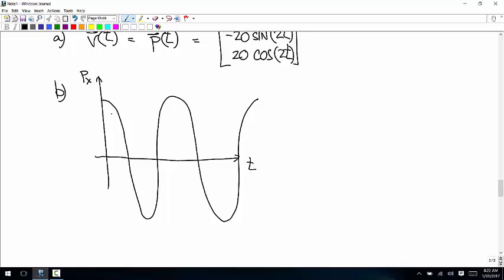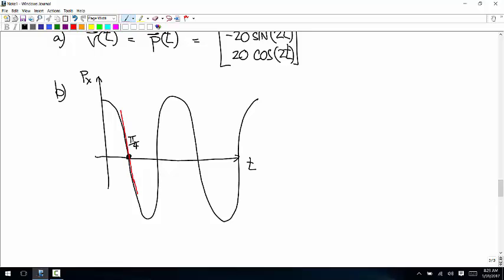At time equals pi over 4, we're at this point here. The tangent line at that point is this.